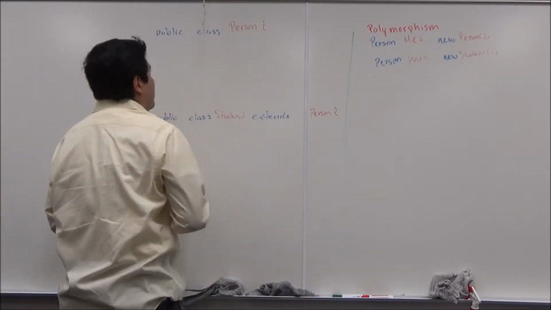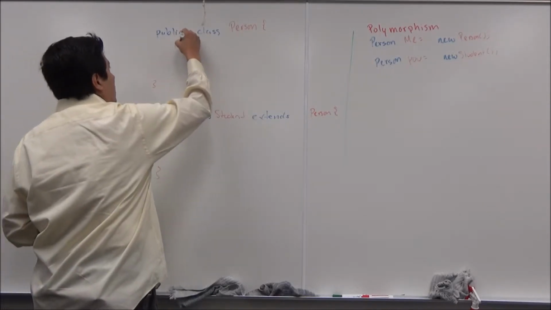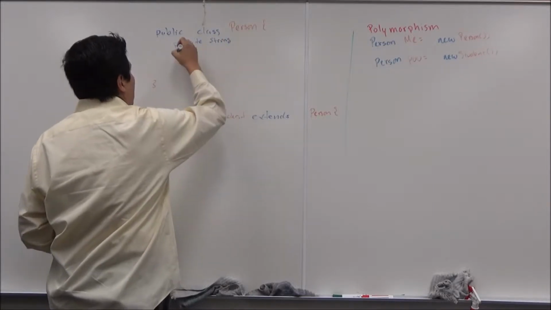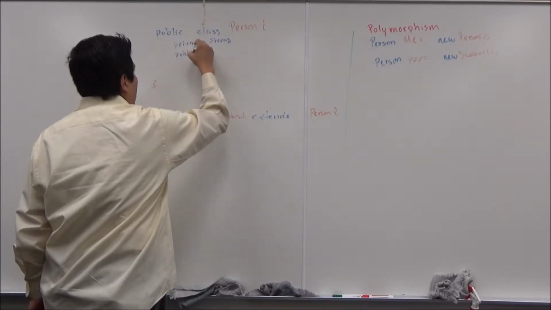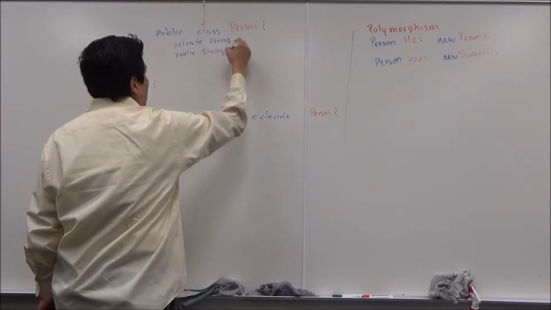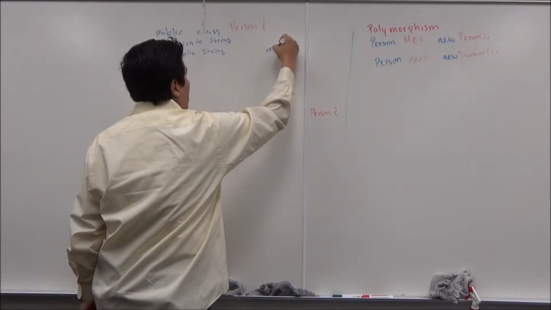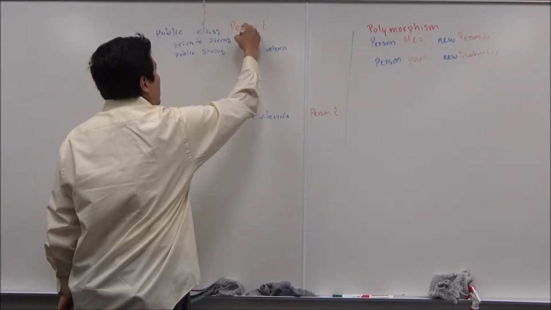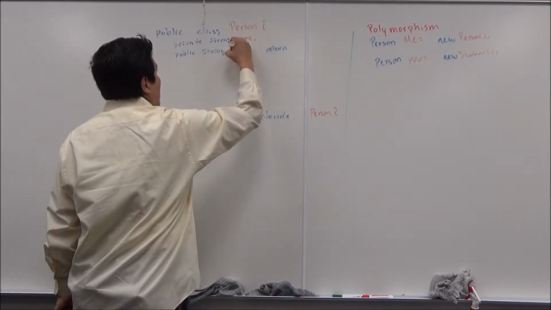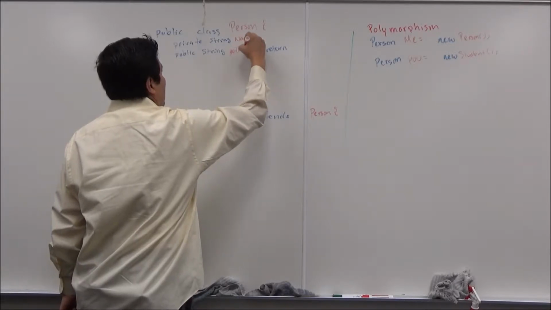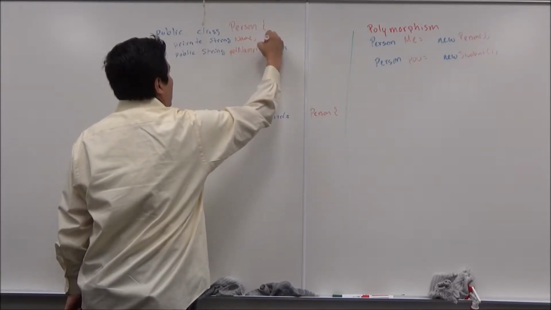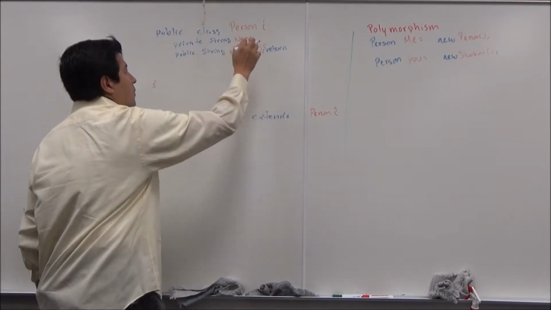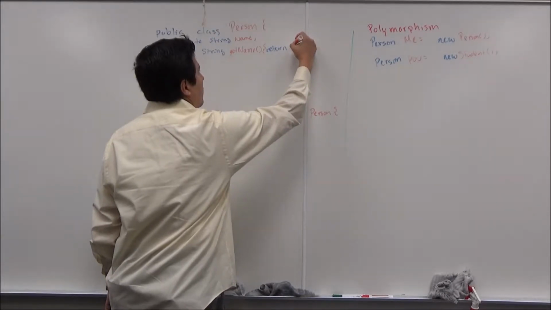So let's say the person has, I'm just gonna put a name here. Getter or read accessor called get name and returning name.